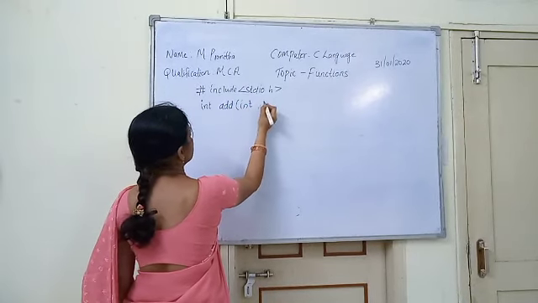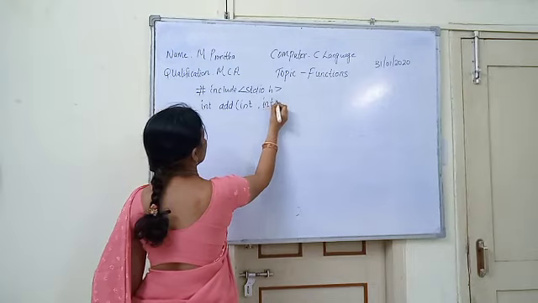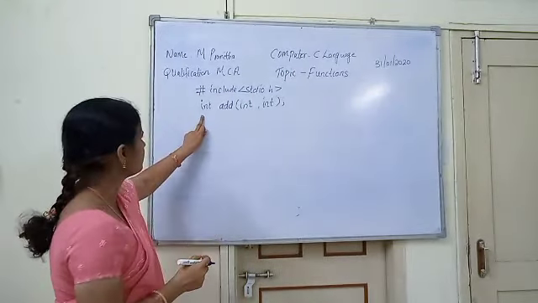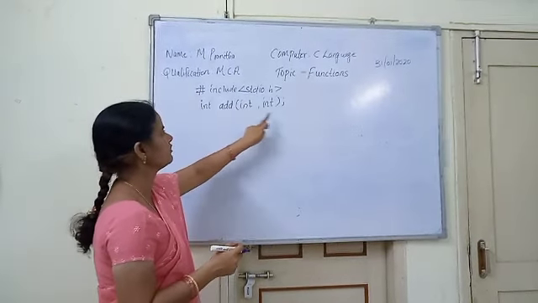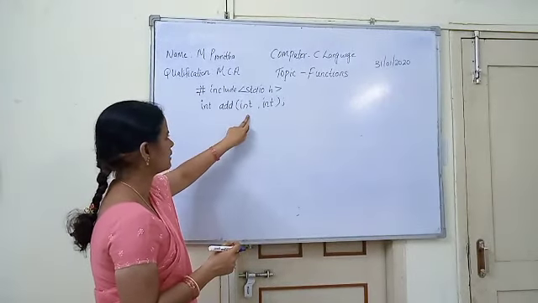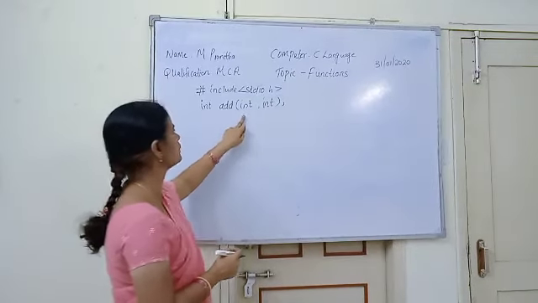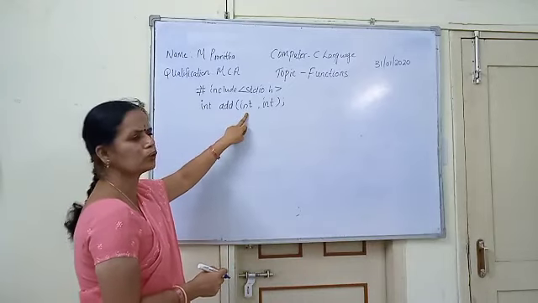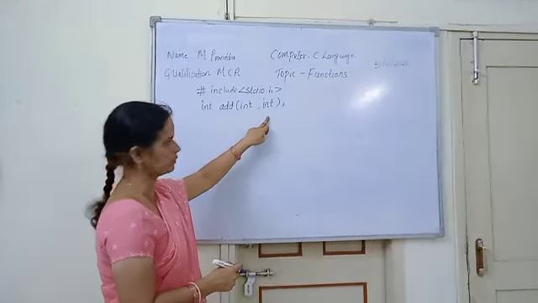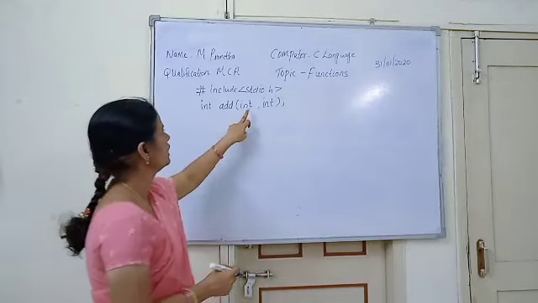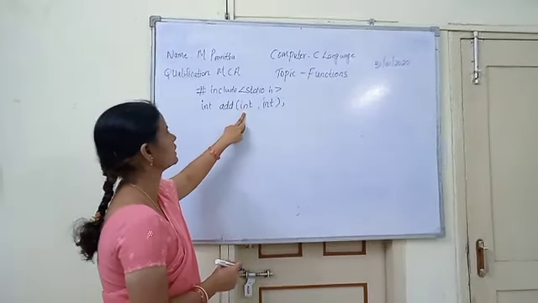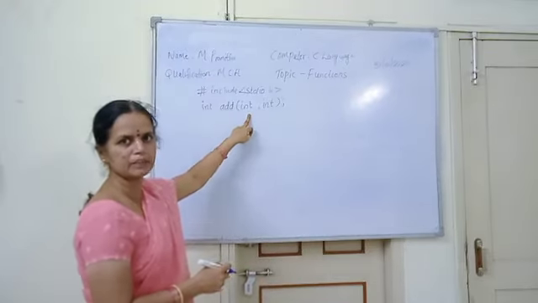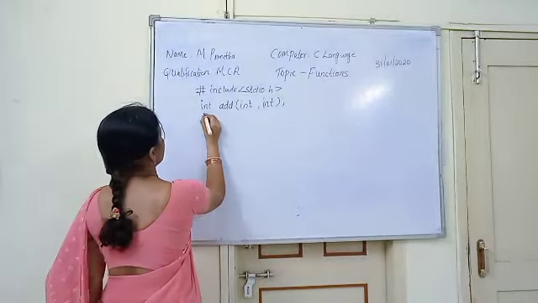I am passing two variables. So here this is the return type, the name of the function and the variables. Whatever parameters I am taking in the function should be declared in the parentheses. There is no need to write the names of the variables. If you just mention the data type in these parentheses, that will be enough.